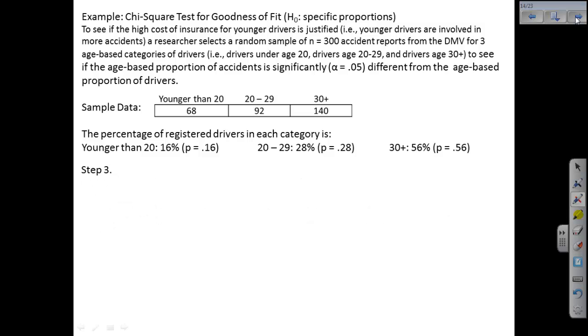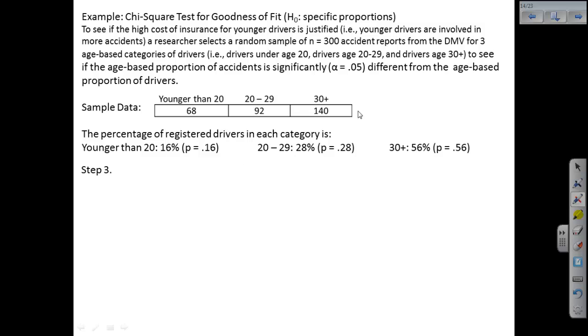So now let's go ahead and work through step 3 of this hypothesis test. But keep in mind that we cannot use the N divided by C formula because that would give us 100 in each group. But we're not expecting an equal number in each group under the null hypothesis, because now we're being more specific about the actual number of drivers in each category that are on the road.